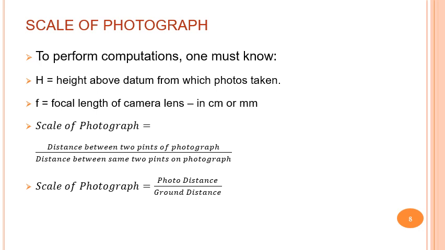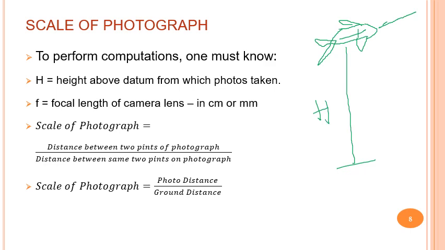from which the photo was taken. Here I am showing the diagram of the aeroplane, and at the time of exposure, this is the height, called H. The height above the datum from which the photo was taken.